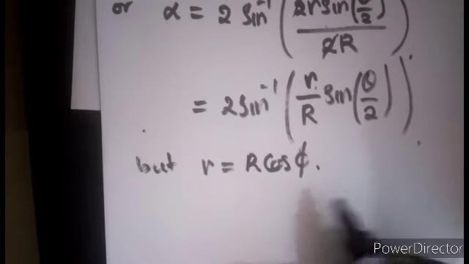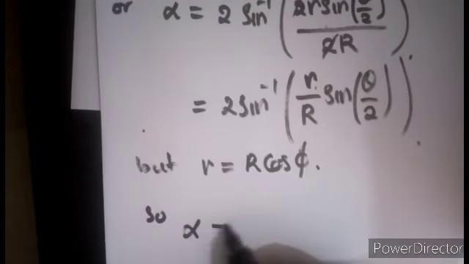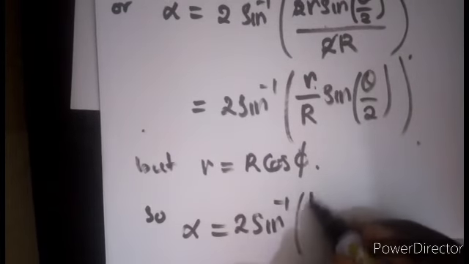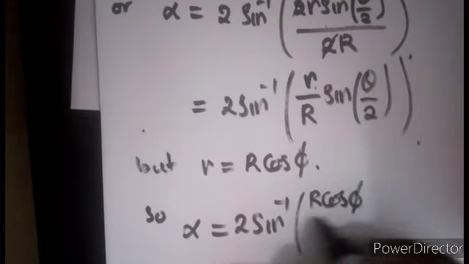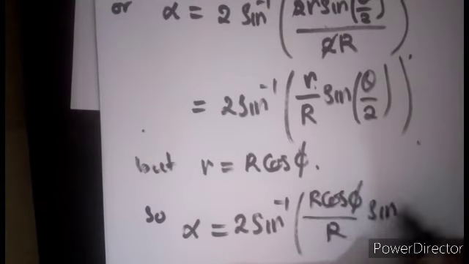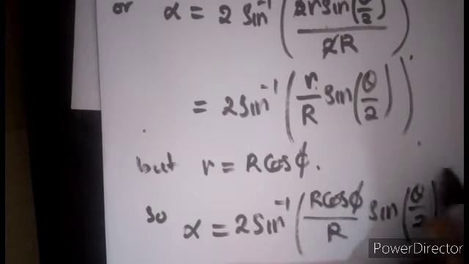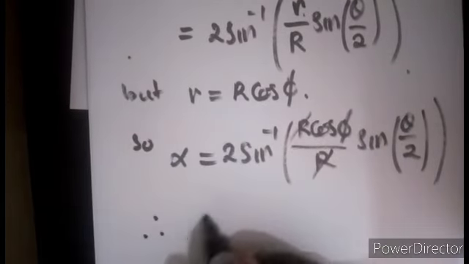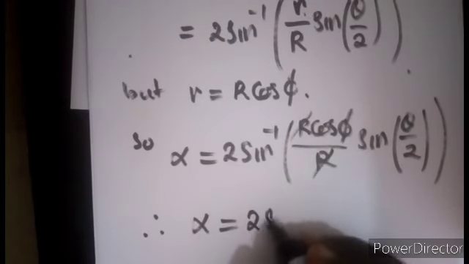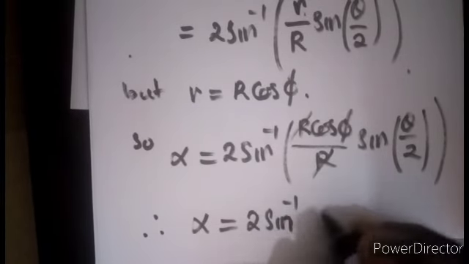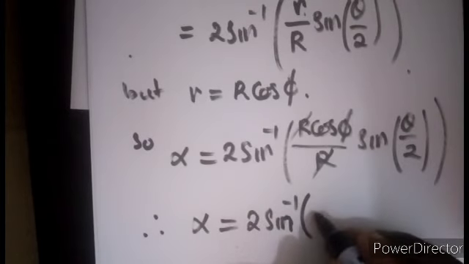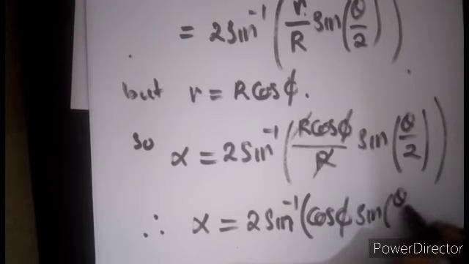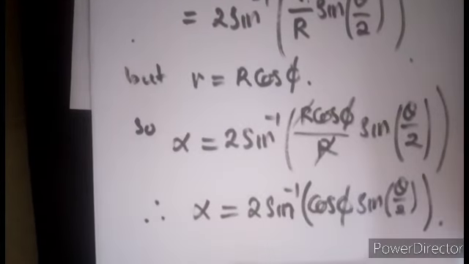So when we do the replacement, alpha is equal to 2 the sine inverse of R cosine of phi over R sine theta over 2. This cancels this, so therefore alpha is equal to 2 the sine inverse of cosine of phi, the sine of theta over 2.